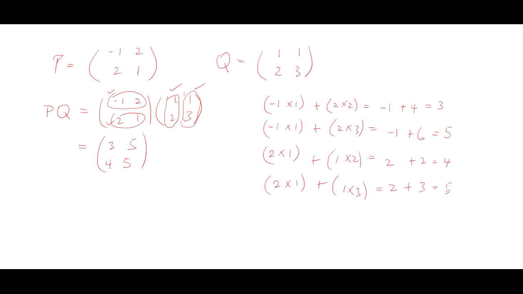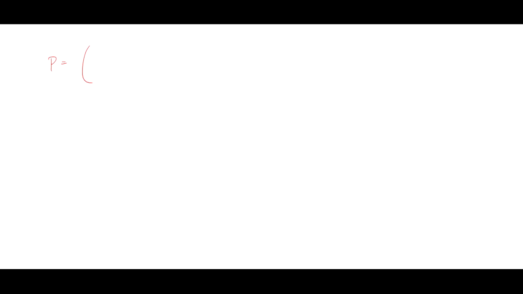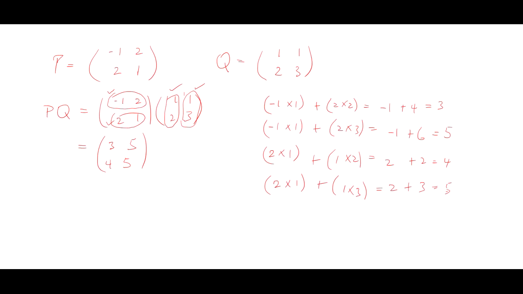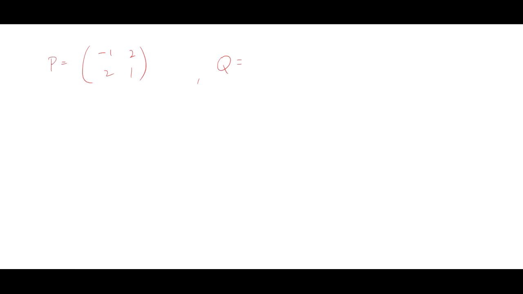Suppose, let me just write back what P was. P was minus 1, 2, 2, 1. And Q was 1, 1, 2, 3.